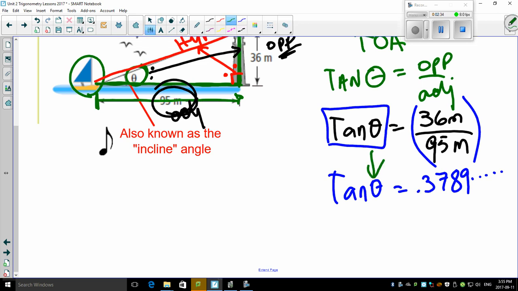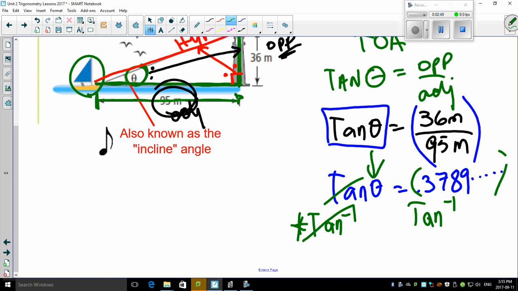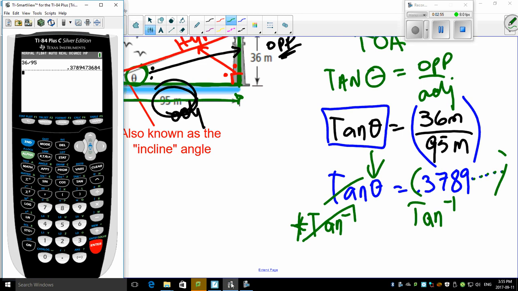So, in order to find theta, remember that you have to use a little bit of algebra. Tan inverse and tan cancel, but what you do to one side, you got to do the other. So, here we go. You're going to inverse tan this thing. But how do you make sure that all of these numbers are actually put into this calculator? Well, let me show you something that's really, really cool.